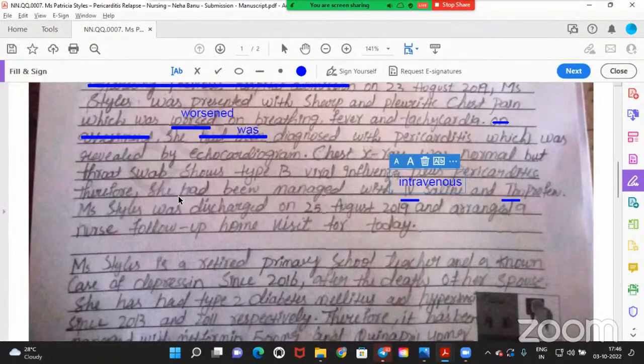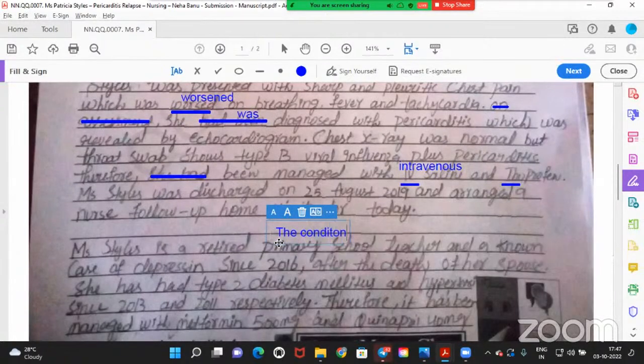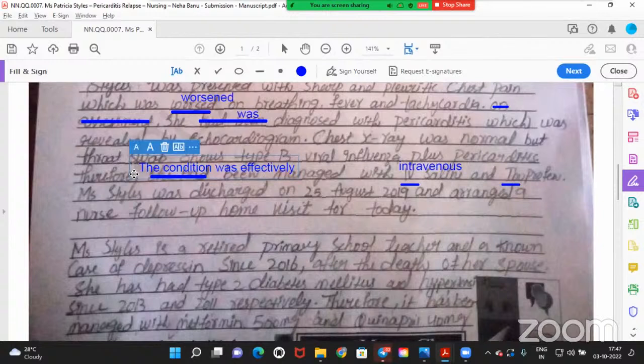The condition has been excellently managed by intravenous saline. She had been managed. No, the condition. The condition was effectively managed by. Therefore, the condition was effectively managed with intravenous saline and ibuprofen.